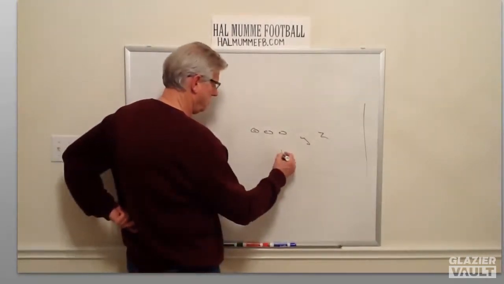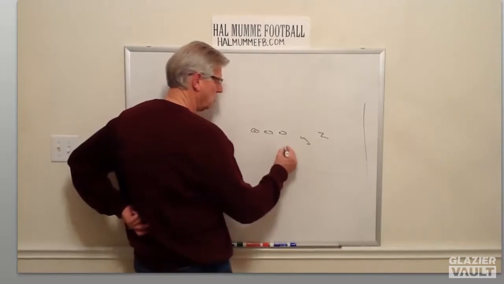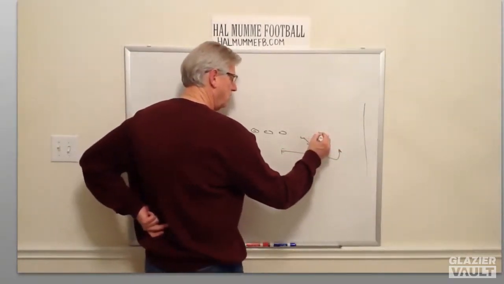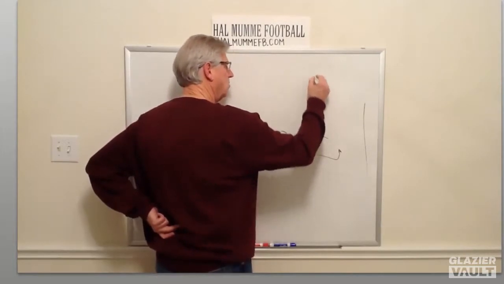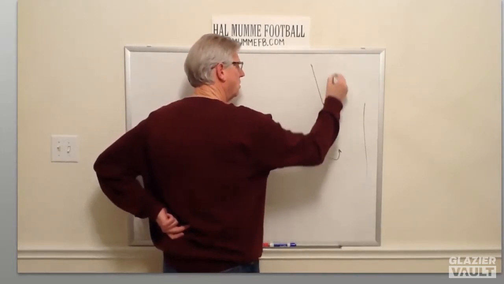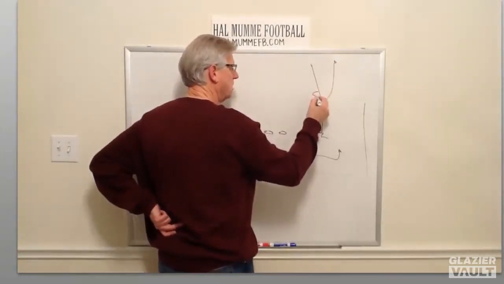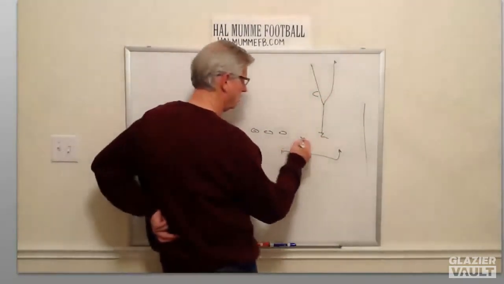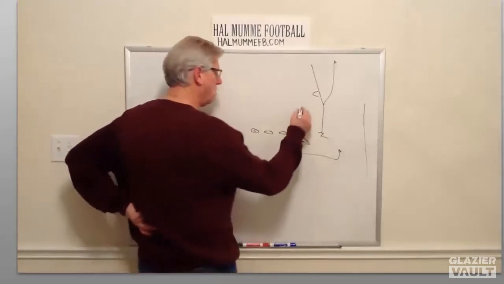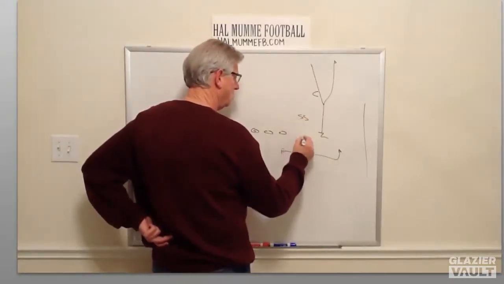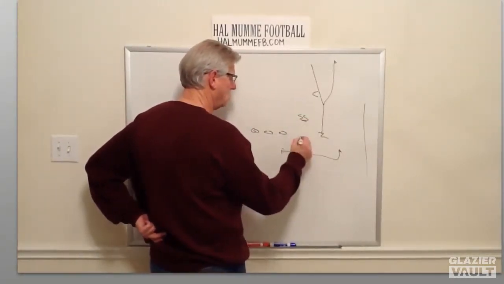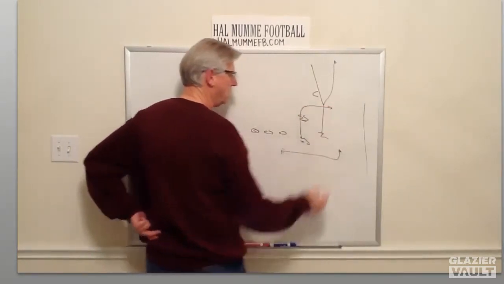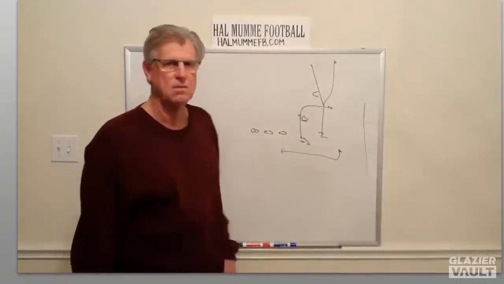And the way we ran that in the air raid was we were going to have a flat player. We were going to have a deep player who ran a post or an up. And that was based on this guy's coverage. And then we were going to take the inside receiver, which is usually our Y, and no matter where that guy was, we were going to get to 10 yards and turn out and speed cut out.